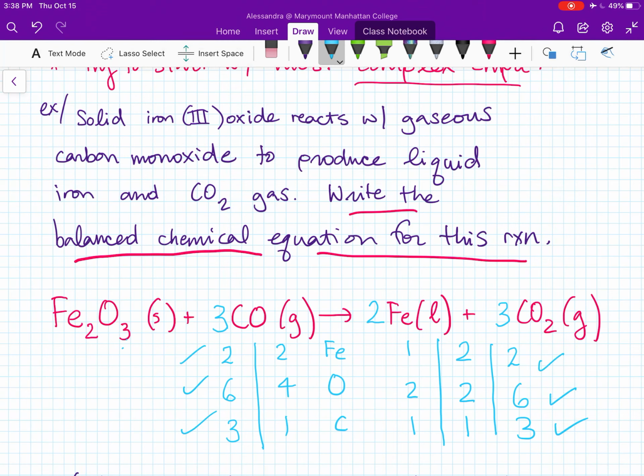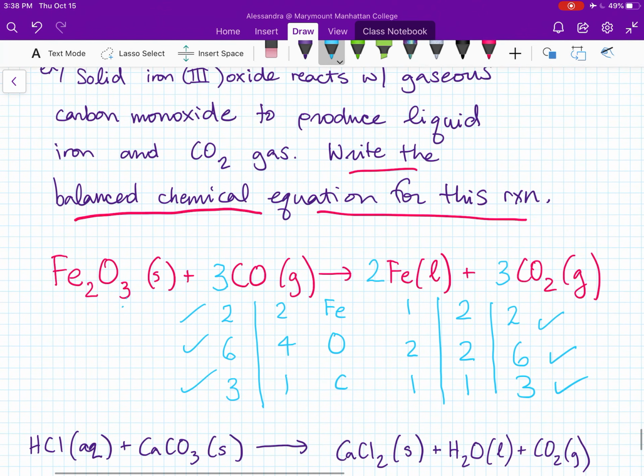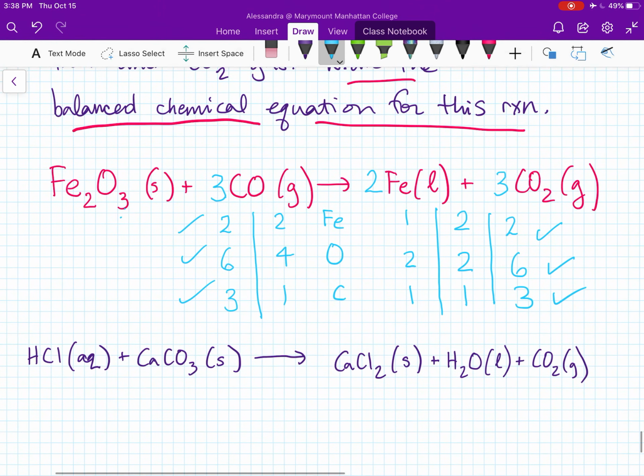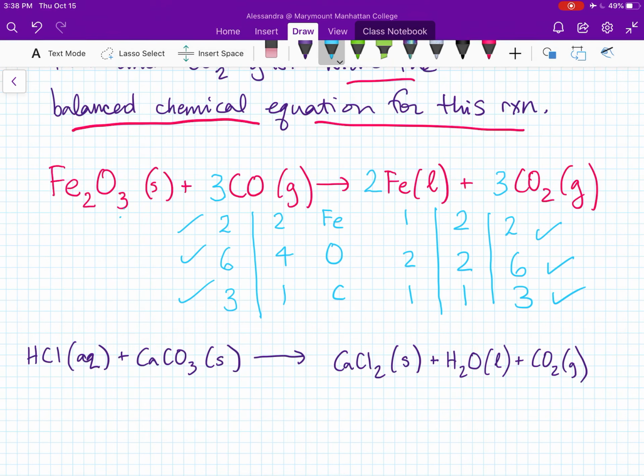Check, check, check. Check, check, check. I am balanced. So you see how I did that? I did that through trial and error. And for some of them, there's really no other way to do it than by just looking at the reaction and trying different coefficients. Let's do another example.